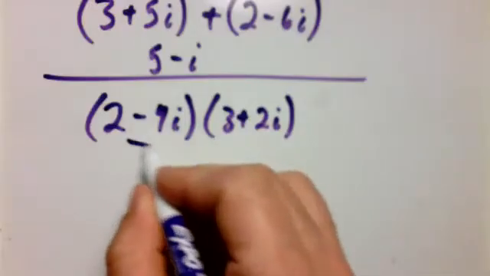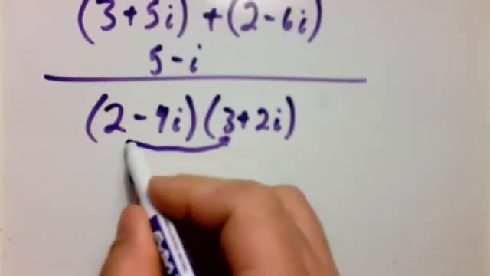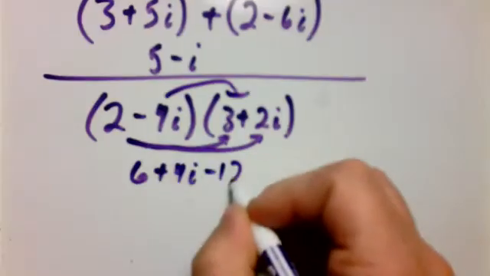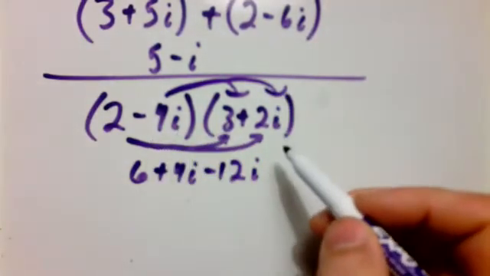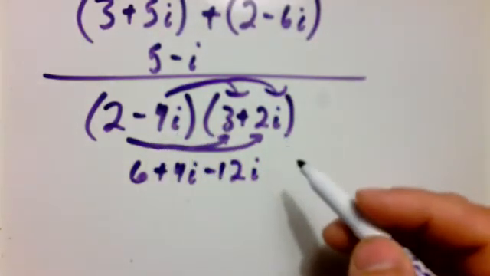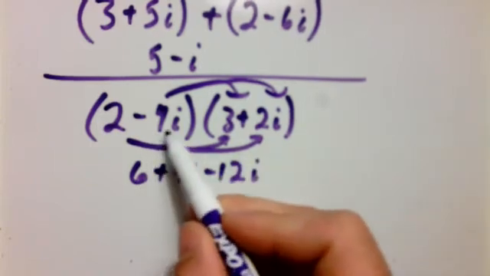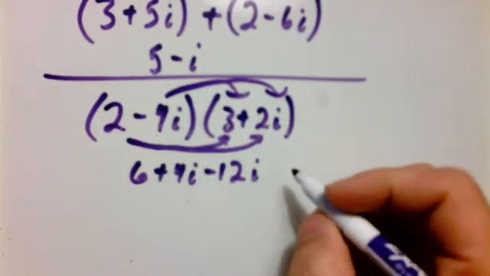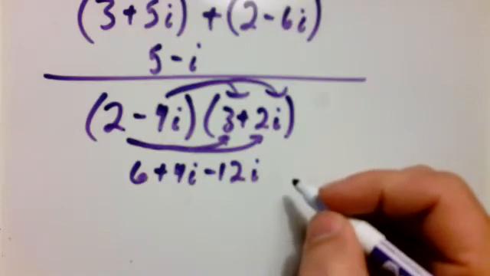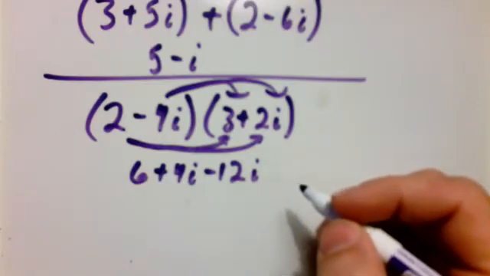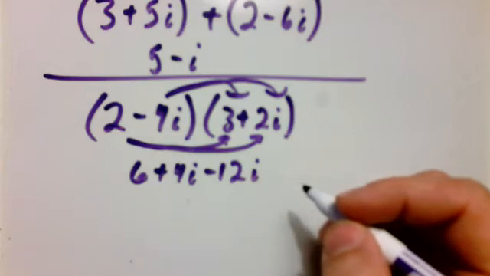Yep. Then 2 times 2i, negative 4i times 3, negative 4i times 2i. Excellent. And then what is negative 4i times 2i? Let's go to Zane. Negative 4i times 2i is going to get me... Adam, what do you think?